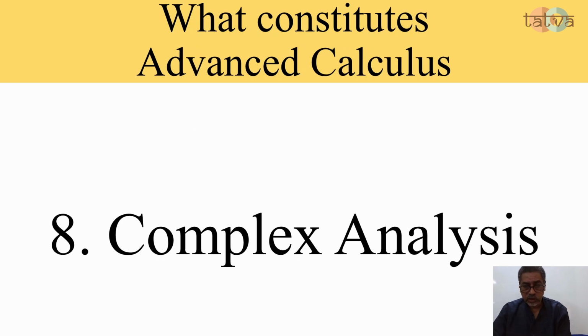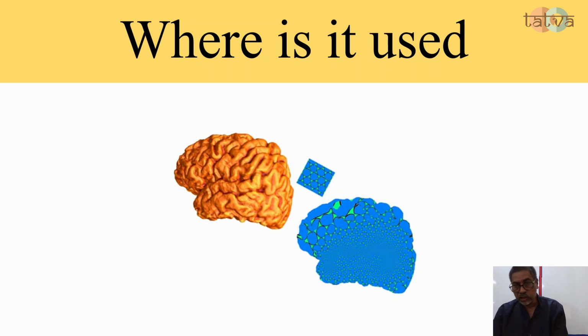Complex analysis constitutes another major field of advanced calculus, where a complex problem or a difficult problem in the spatial domain is transformed to the complex domain for easy comprehension. And we generally see this in neuroscience applications.